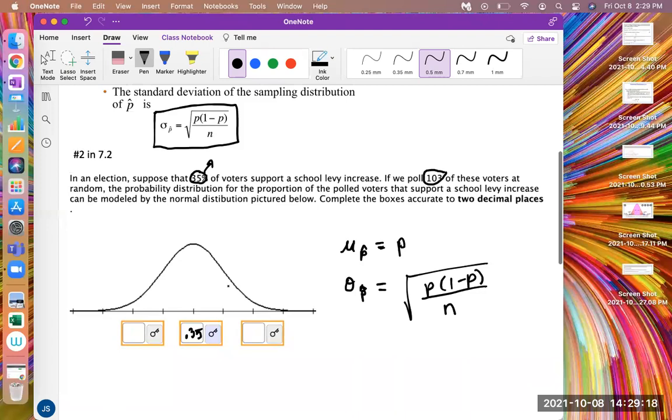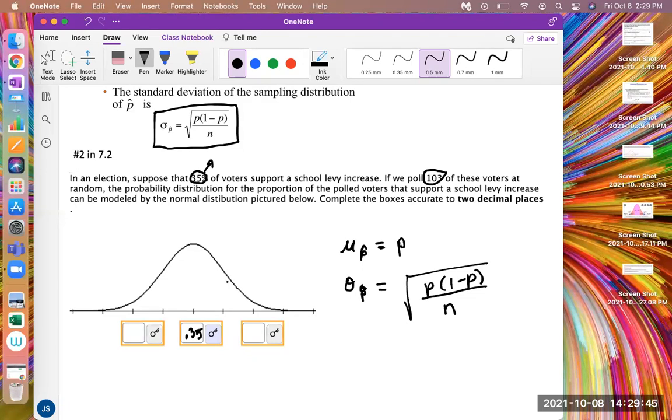Another thing that we have to check with these types of problems before doing calculations is that the selections are independent. That means when I picked one person out of the population to be part of my sample, I had the same likelihood that they were going to be for the school levy as the second person.